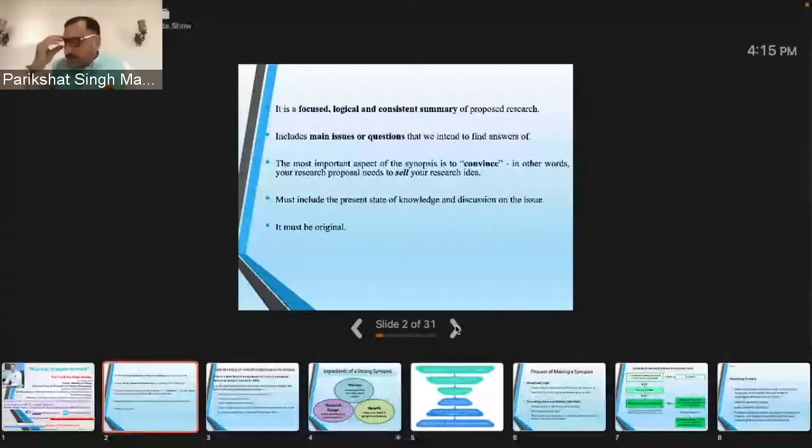Because of this information, you might get what we refer to as off the track. You might start including everything that you feel is important, but which would not actually be important, because of which you lose your focus, and which does not make a logical conclusion of the ideas that you have thought. So whatever your proposed research is, always be focused, logical, and consistent.